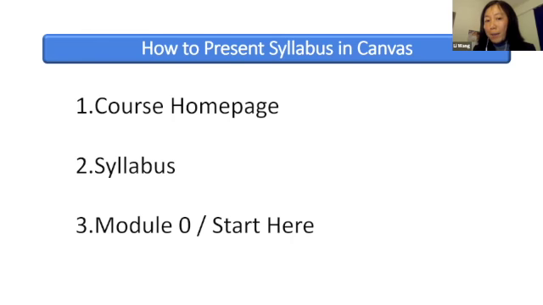For example, we can post some components in the course homepage, and we can use the syllabus section in Canvas, right? And also we can create a module called Module 0 or Start Here module before the official content modules.